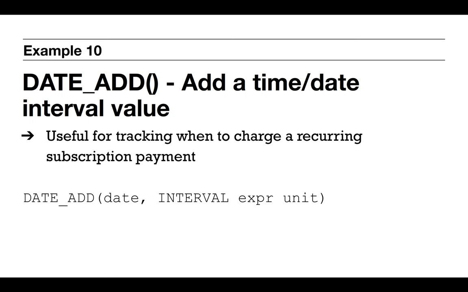It takes its first argument as the date column or expression, then use the interval reserve keyword, then expression, meaning how many units you want to add to that date. So it could be 1, 3, 4, and then the unit could be days, months, years, or quarter.